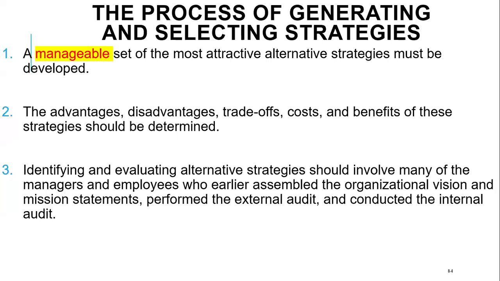And the operative word, as far as the first stage is concerned, is that the number of alternative strategies that will be developed must be manageable. They must be manageable.